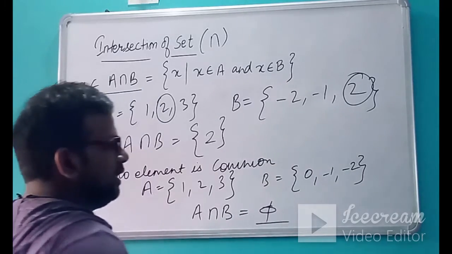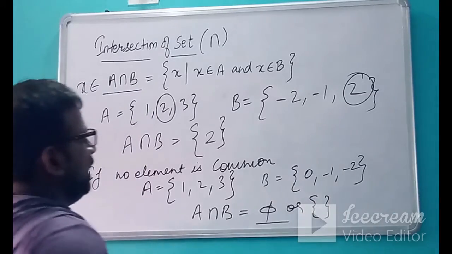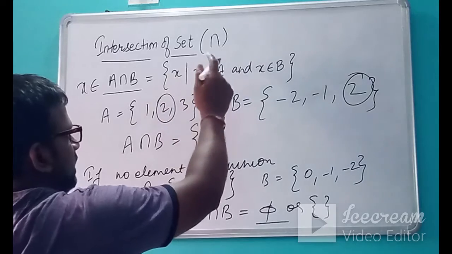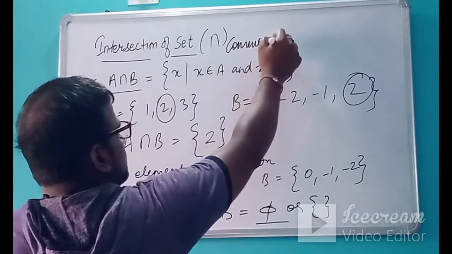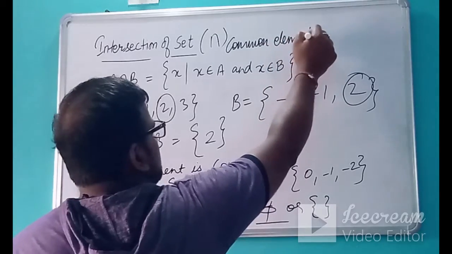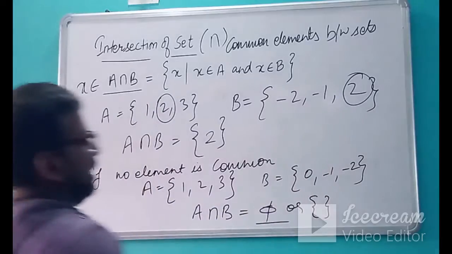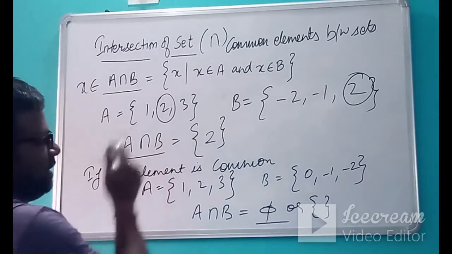It will be the null set, or we can write it as like this also. You already knew null set. And so in case of the intersection of sets, we will write the common elements. Okay, only common elements between sets we will write. No other element we will consider whenever we take out A intersection B.